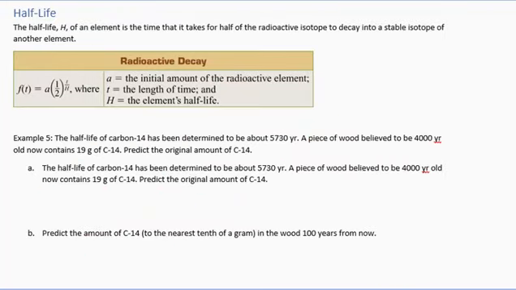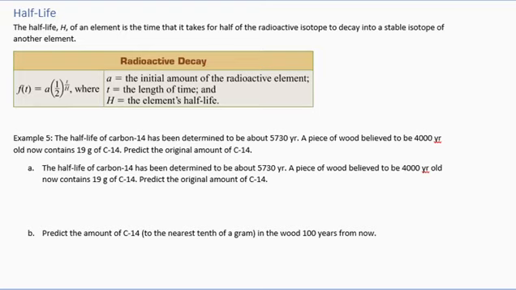The last application we're going to look at is what's called a half-life. Half-lives deal with exponential decay. The half-life h of an element is the time that it takes for half of the radioactive isotope to decay into a stable isotope of another element.